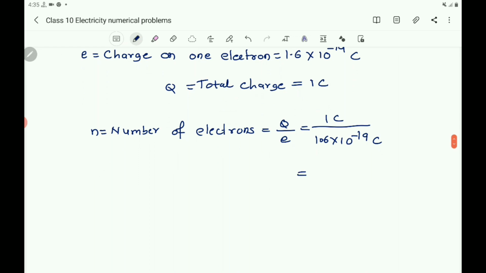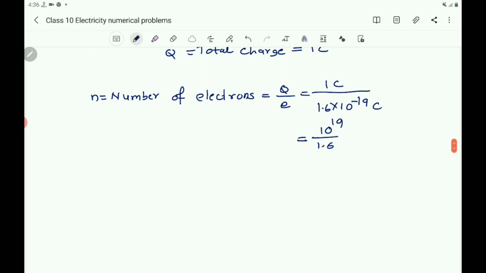So then that equals 1 by 1.6 into, if you take 10 to the power of minus 19 to the numerator, it becomes 10 to the power of 19. Negative power becomes positive power, 10 to the power of 19.